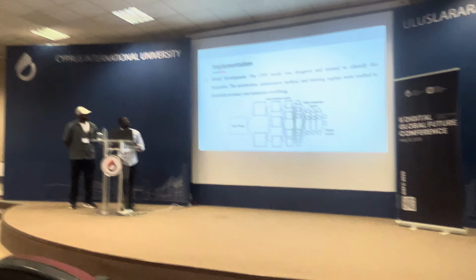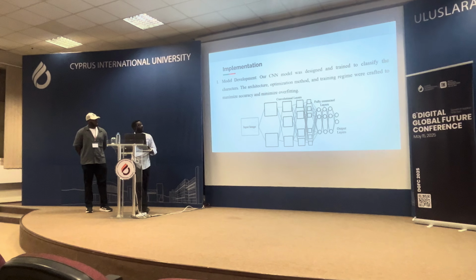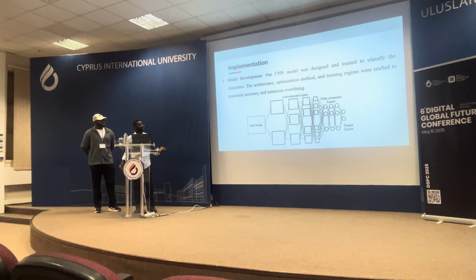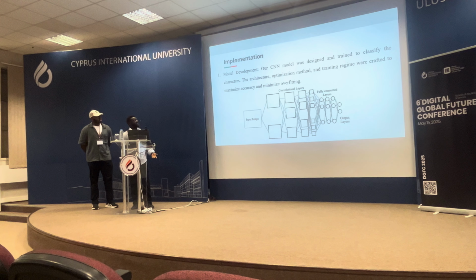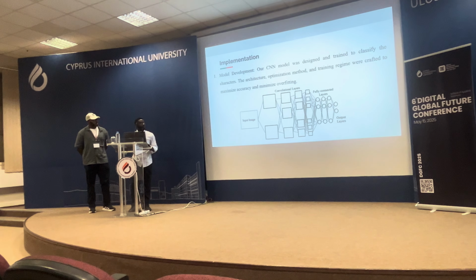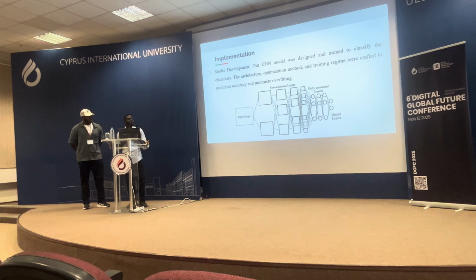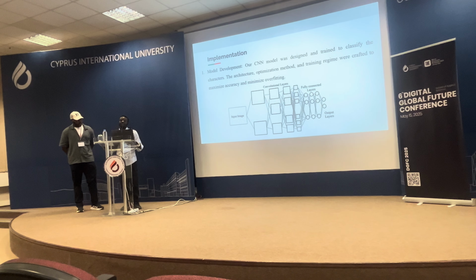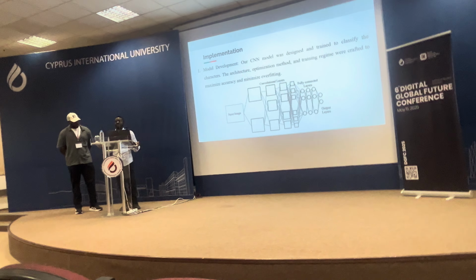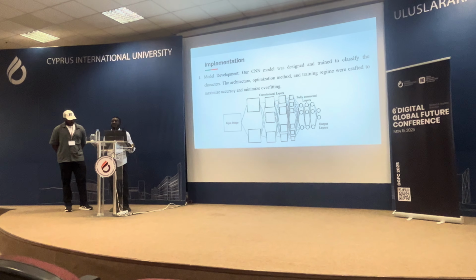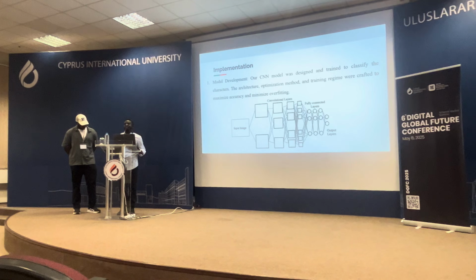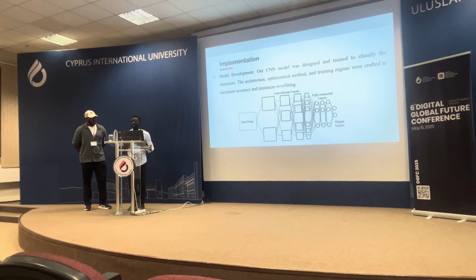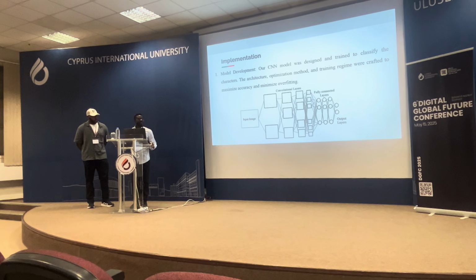So pretty much our CNN model was designed and trained to classify the characters. The architecture, optimization methods and training regimen were crafted to maximize accuracy and minimize overfitting. With the nature of our data set, it's very prone to overfitting, because we are dealing with handwriting, and several people have different types of handwriting, depending on their posture, depending on the size of their hands, and several other aspects.